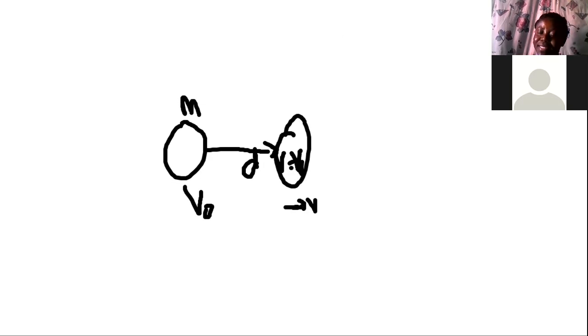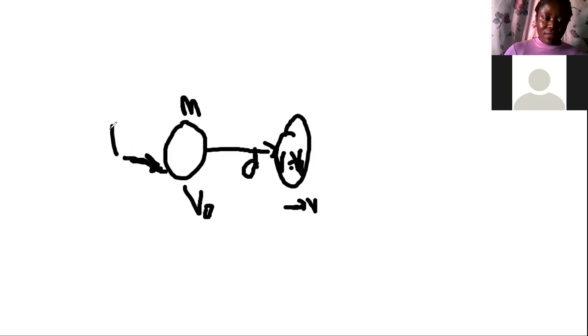Since this object is moving, it is associated with what? With a force. It means there is a force applied on this object. In order for it to move, there should be a force applied. So let me just say the net force is acting on that object.